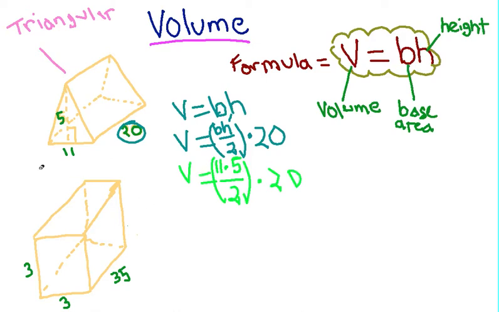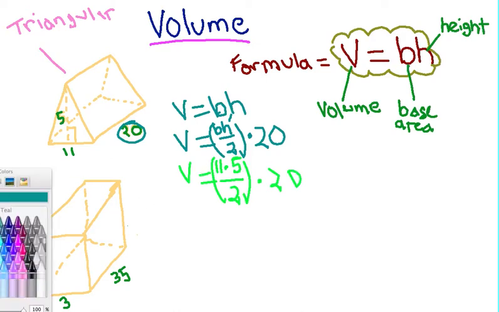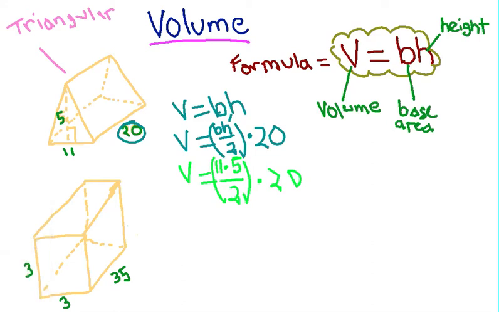So, if you want to find that, then the volume is equal to 11 times 5 is 55 over 2 times 20.